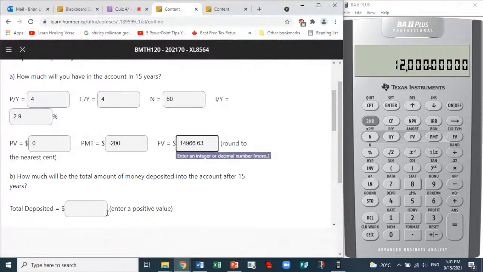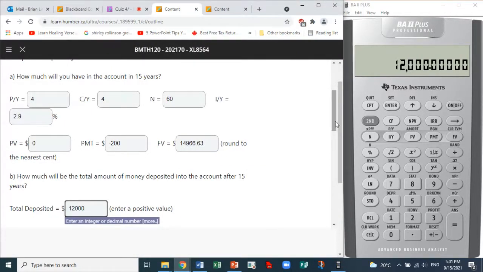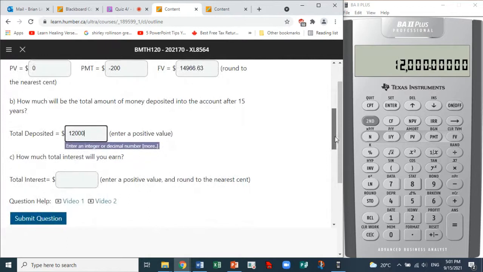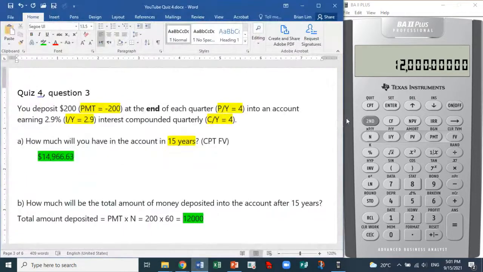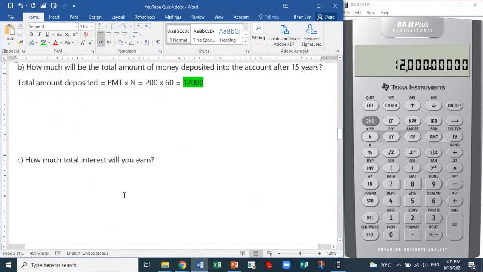Over here it must be a positive value, so please do not make that error. And how much interest will you earn? All right, so how much will be the interest? Well, how do we get the interest? We have to take the future value.